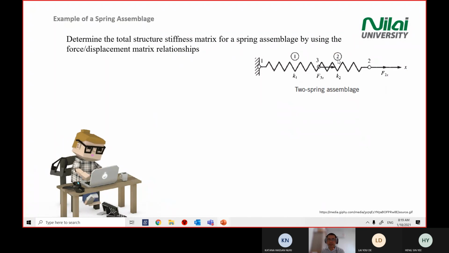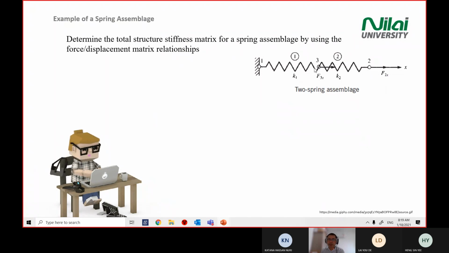Spring number 2 has node number 3 and node number 2. This assembly of springs is moving in the X direction.